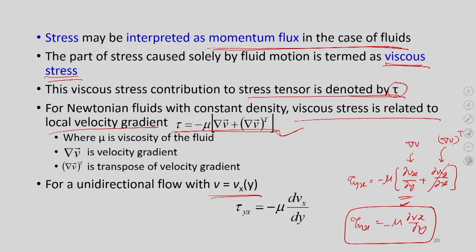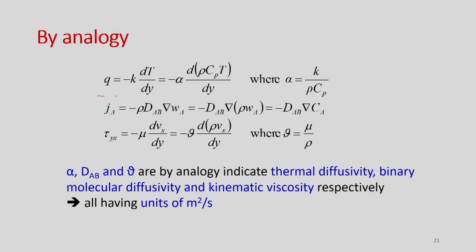Having seen the individual molecular transport mechanisms for heat transfer, mass transfer and momentum transfer, by analogy we see what we can get. From the heat conduction equation, we can get q is equal to minus K dou T by dou y, which is equal to minus alpha dou rho Cp T by dou y, where alpha is nothing but K by rho Cp.